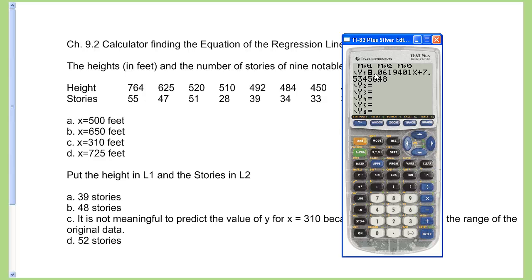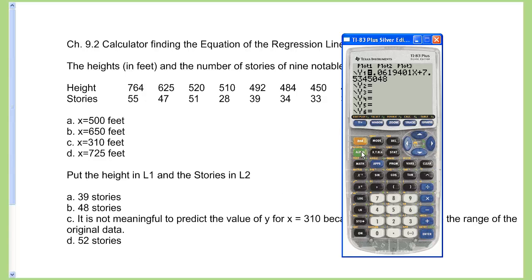So here's my slope, and I held on to a good bit of the numbers, 0.0619401 x. So that's the slope. It's like y equals mx plus b, and b would be 7.5345048. And you type in a lot of numbers, but it makes it more accurate for you.